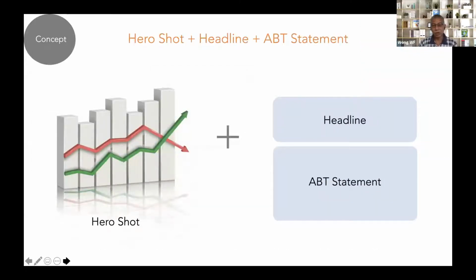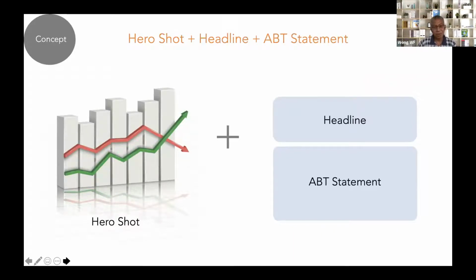So what's a hero shot? You see, a hero shot is basically the most important part of the picture. Take for example a picture of a family. Usually, the most important people will sit in the middle, right? Maybe your parents. So your parents in the middle, your father and your mom, are the hero shot. The rest just kind of build the crowd.